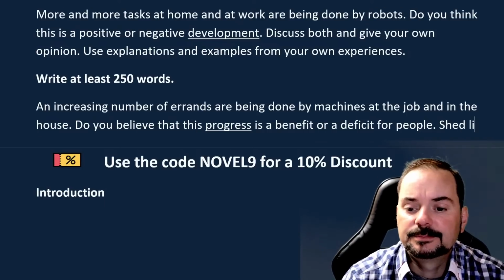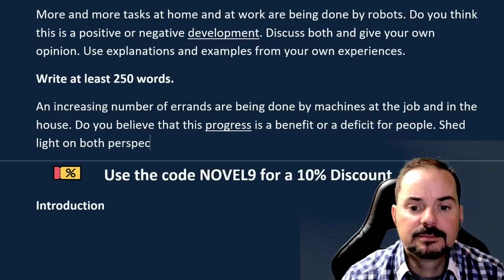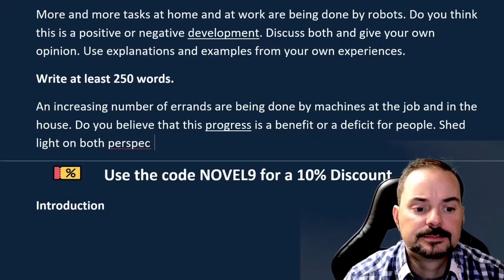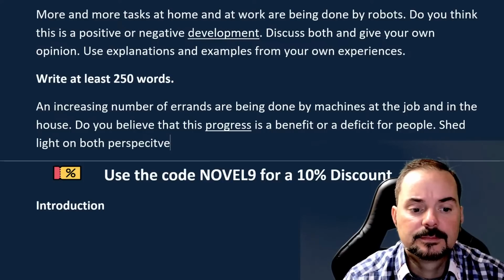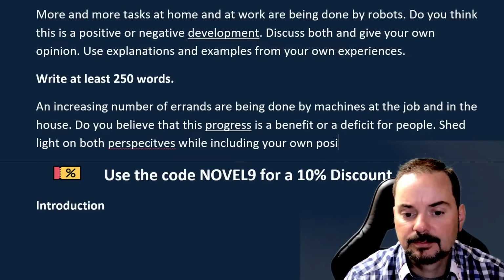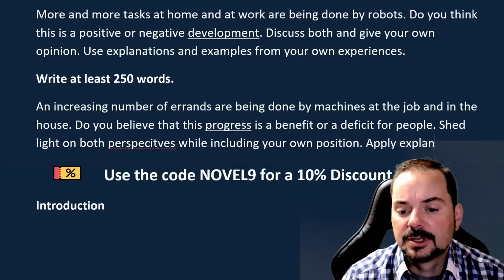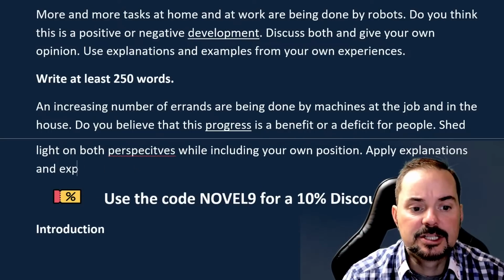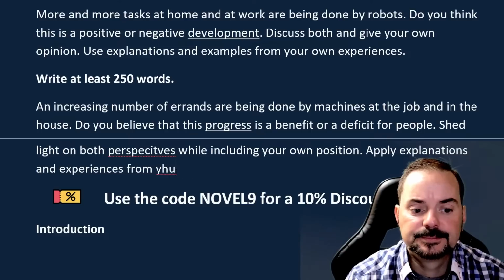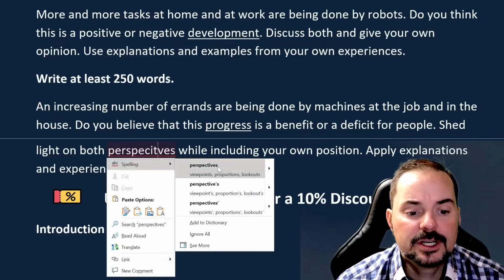Shed light on both perspectives while including your own position. Okay. Apply explanations and experiences from your life. Okay. So there's my paraphrase.